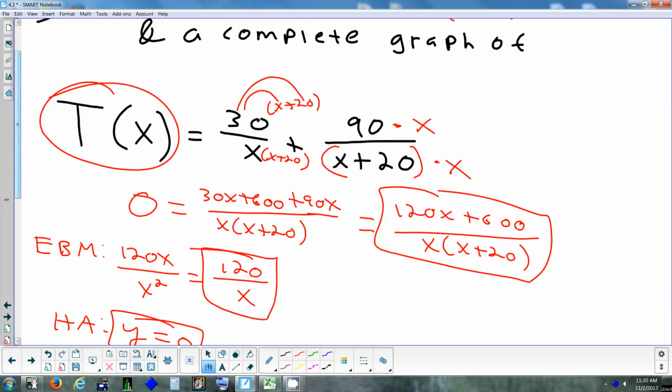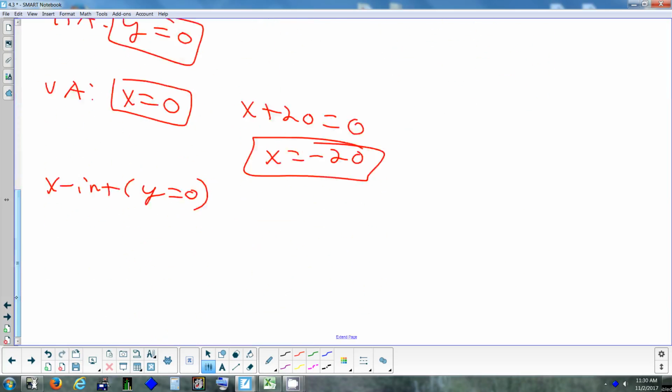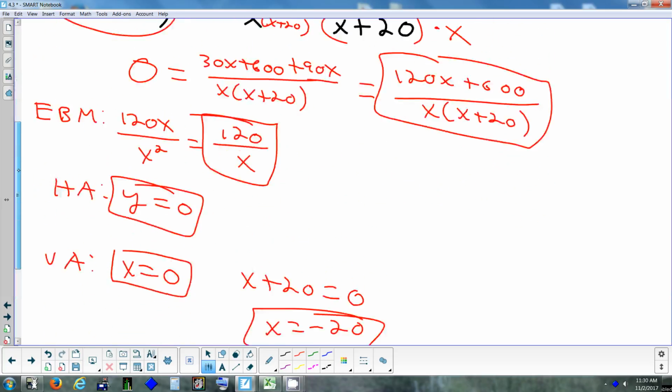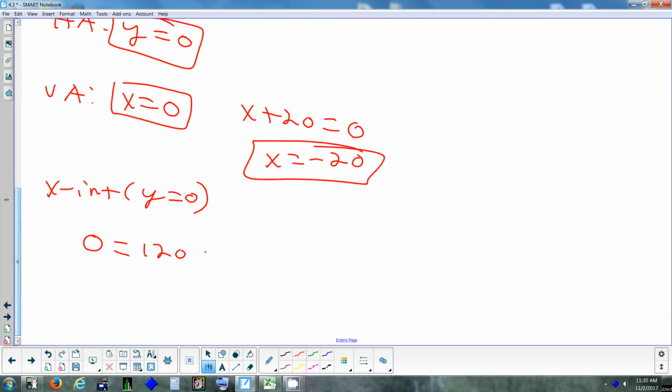So let's set the top equal to 0 and solve it. So 0 equals 120x plus 600. If you solve it, you'd subtract 600, divide by 120, and you would get negative 5.